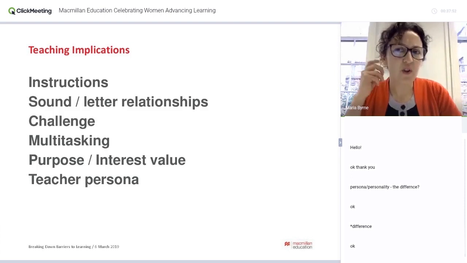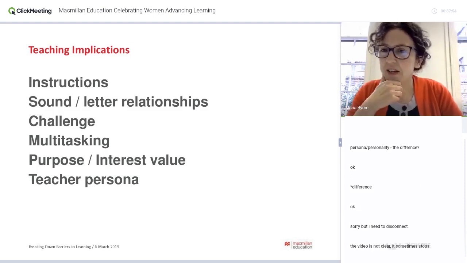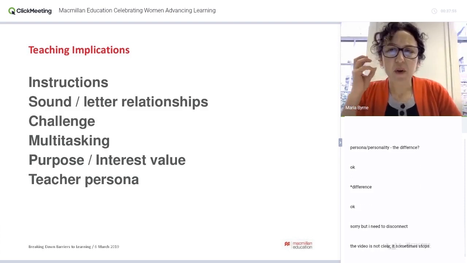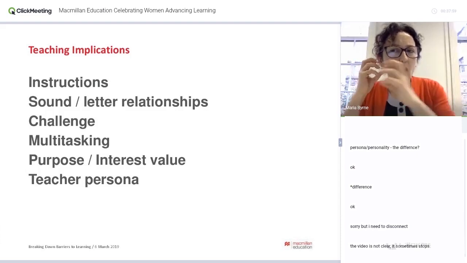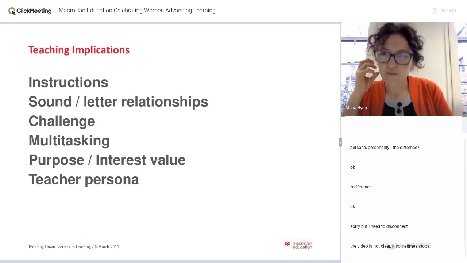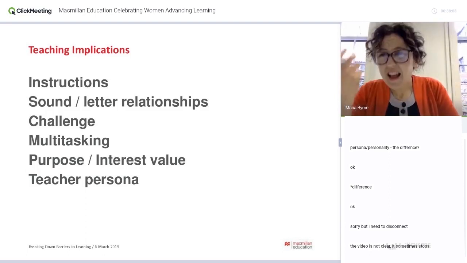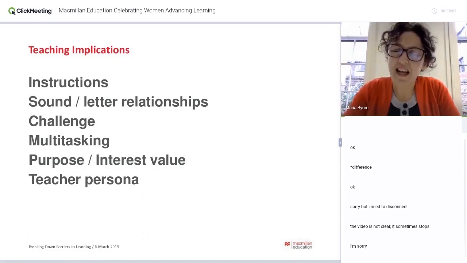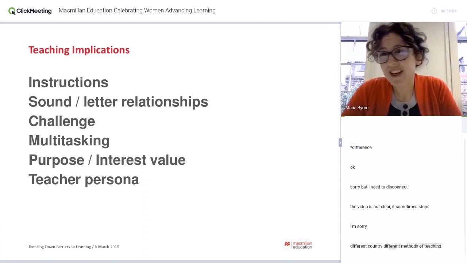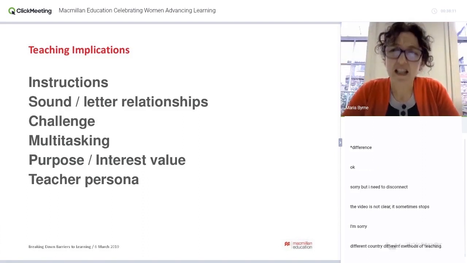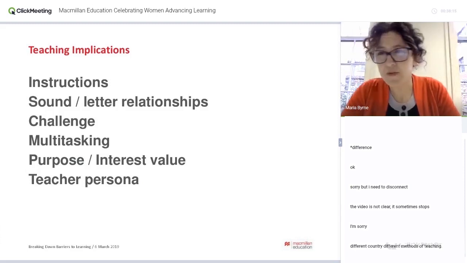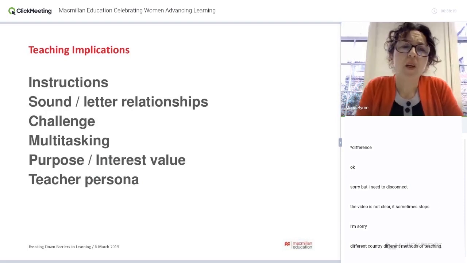So if you have issues phonologically processing things, and then you have to connect that sound with letters or groups of letters that correspond to that sound, and the sound-letter relationships in that language are not very clear, not very transparent, this really may cause a lot of difficulties for learners, not just with dyslexia, but with many other learners as well.